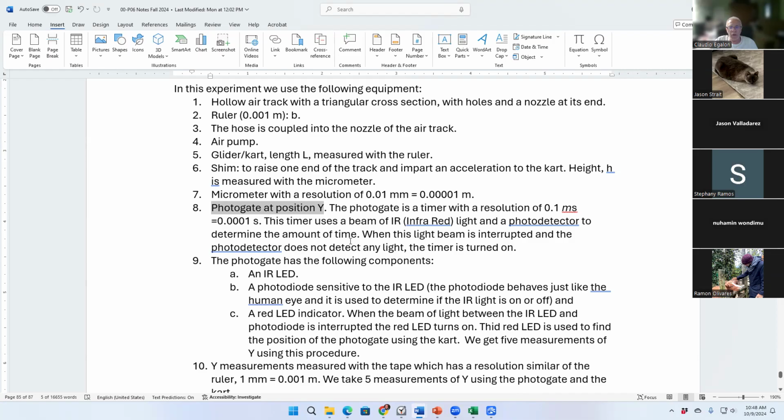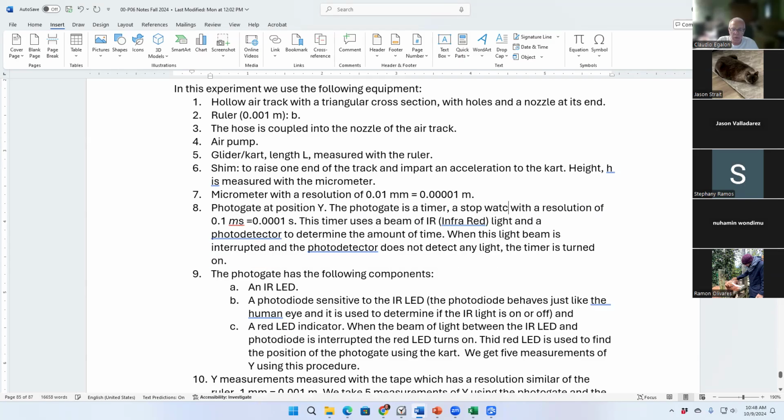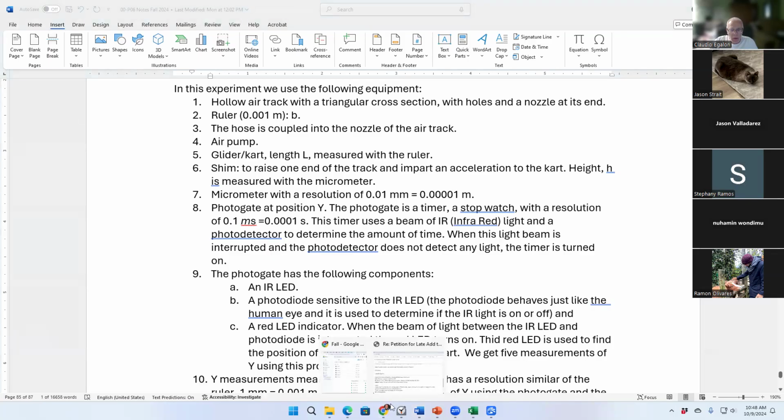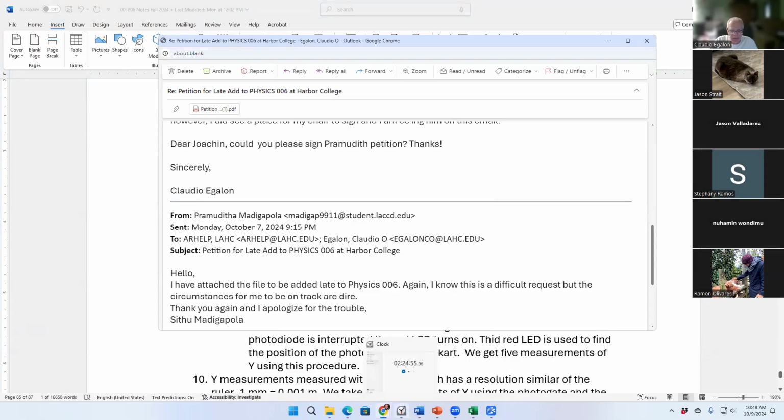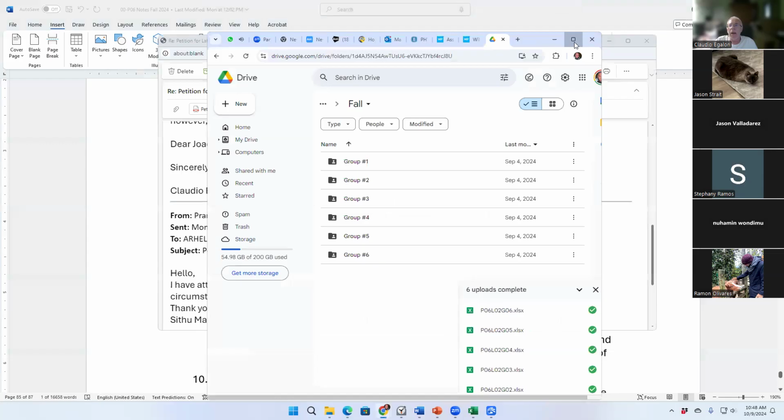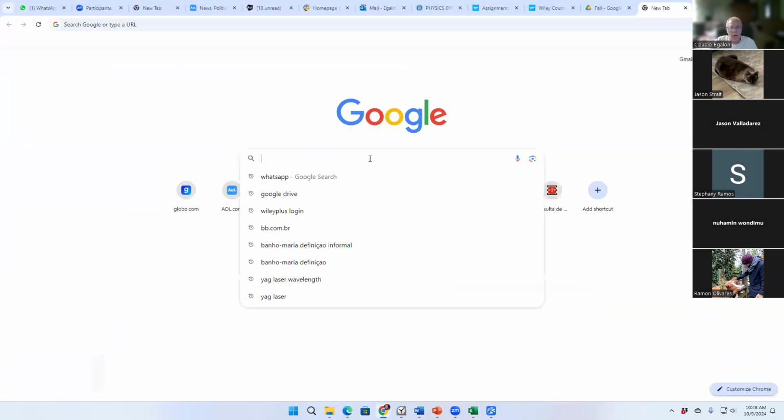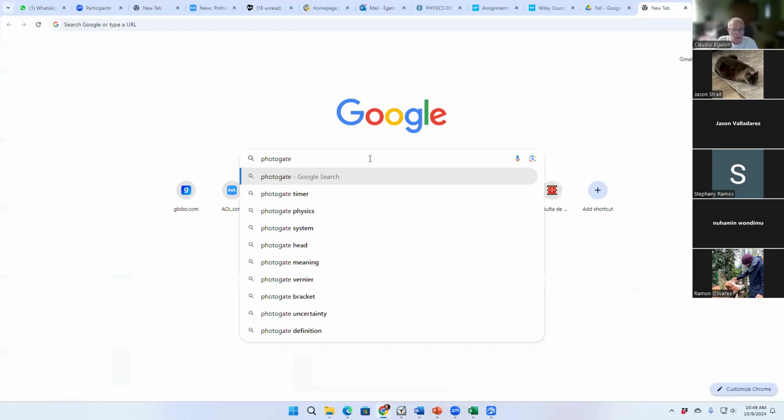It's a stopwatch with a resolution of 1/10 of a millisecond. 1/10 of a millisecond is 4 decimal places in seconds as well. And let me show you a picture of a photogate timer.